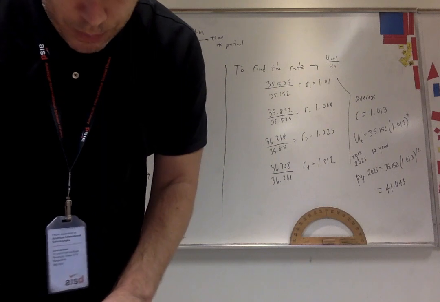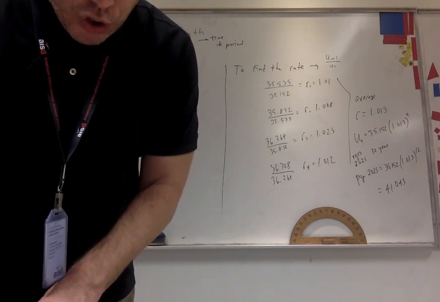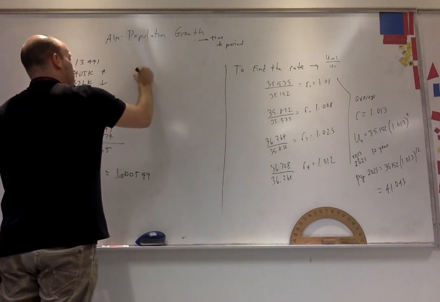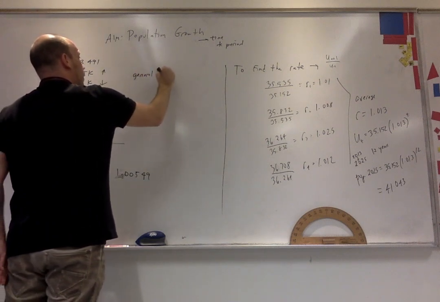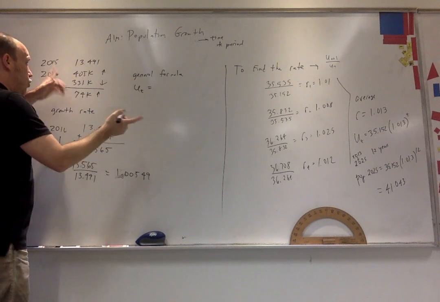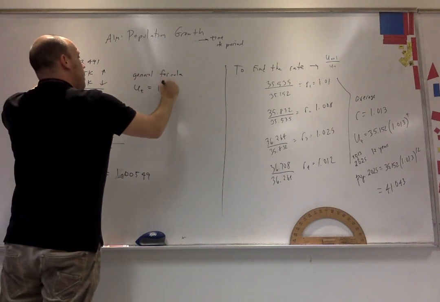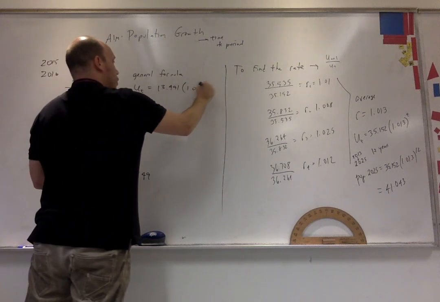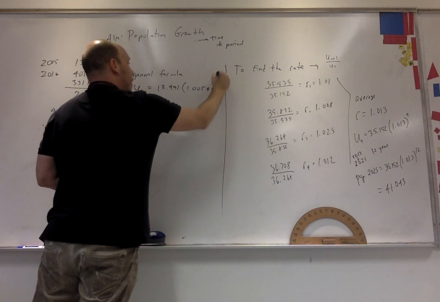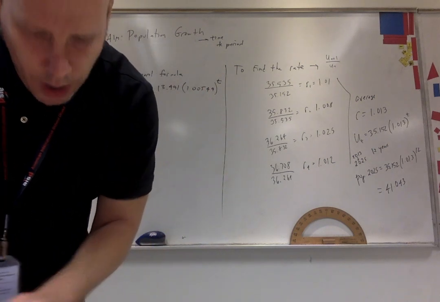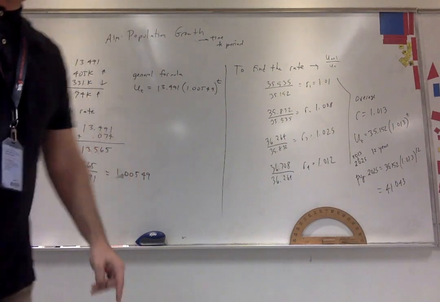Good. Assuming the growth rate stays the same, find the general formula for the population. We know U of t is equal to, what was the initial value? 13.491 times the rate, 1.00549 raised to the t. And then they're asking to estimate the population of Tokyo in 2025.